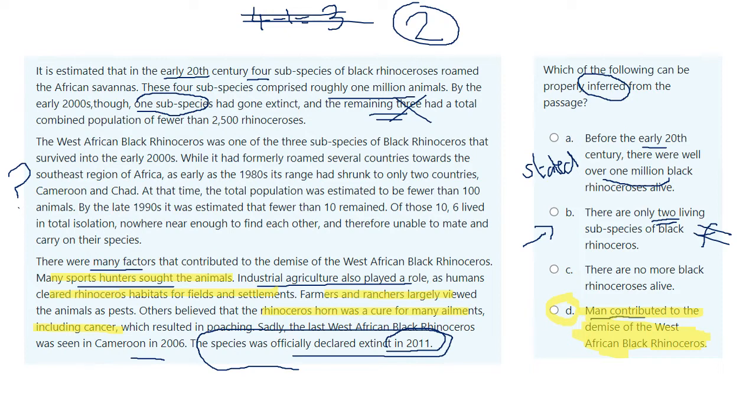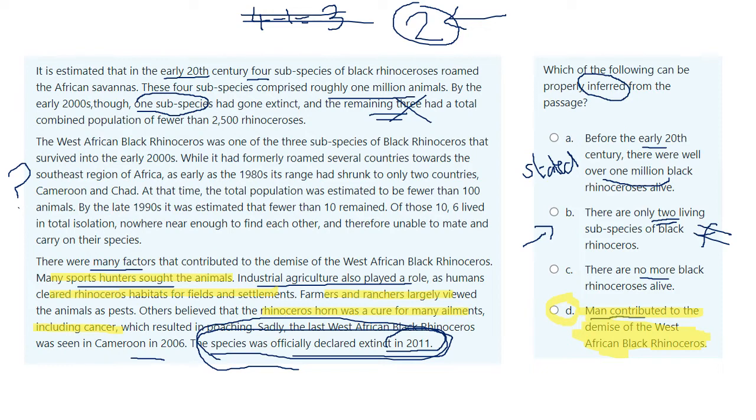The problem with answer B is that although we now know that this species was declared extinct in 2011, so that would leave only 2 left, we don't know about the other 2. This passage does not give us any information about the other 2 species. They might also be dead. If they are also dead, then there might be none left. So C could be possibly true.